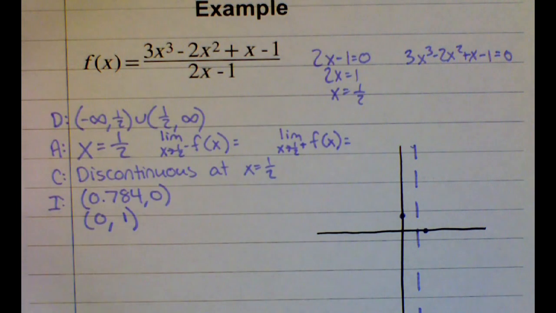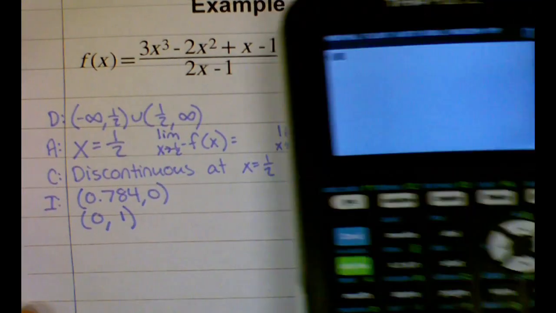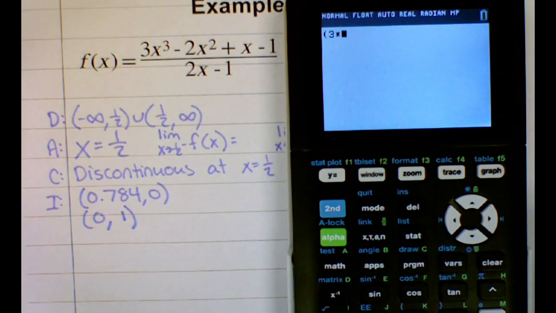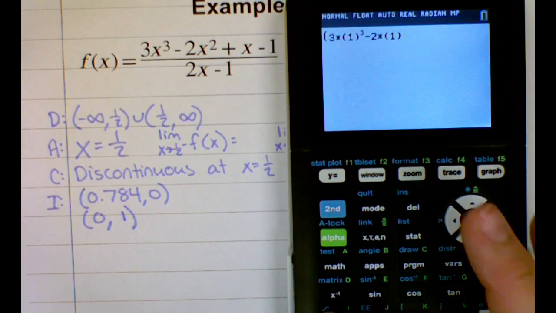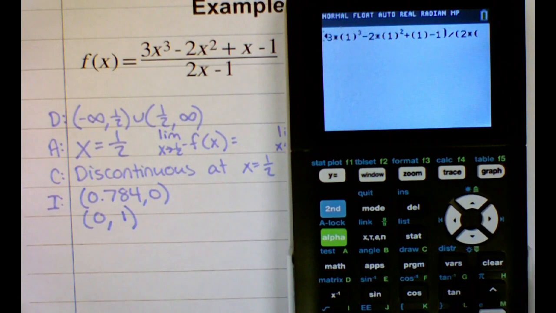I don't know what's going to happen. So I start picking some numbers to plug into my function. Let's say I plug in 1. All right, bunch of parentheses. 3 times 1 to the third power minus 2 times 1 squared plus 1 minus 1, over 2 times 1 minus 1.